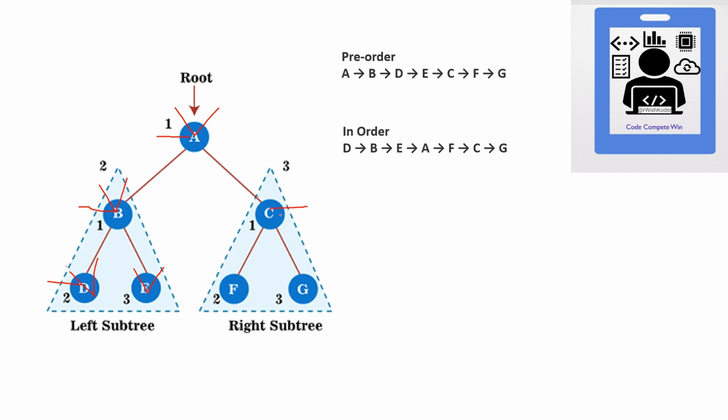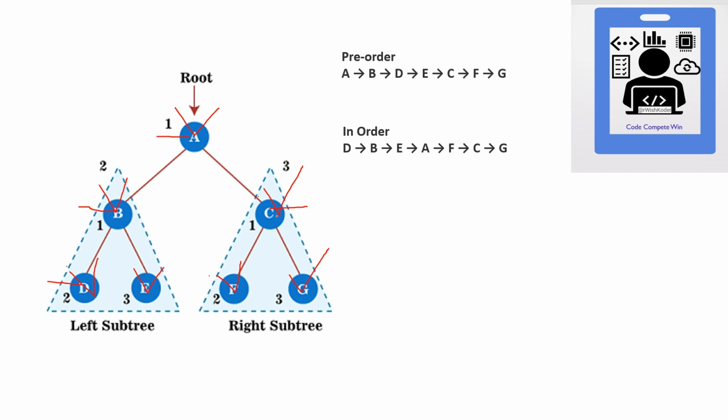From C we go to the left subtree of C, that is F. As F didn't contain any left subtree, we print the data inside F and then try to visit the right subtree of F. As F didn't contain the right subtree, we go back to C and print the data inside C, and then we visit the right subtree of C, that is G, and again G didn't contain a left subtree, so we print the data inside G, and G didn't contain the right subtree, so we go back to C as we already visited the right subtree.